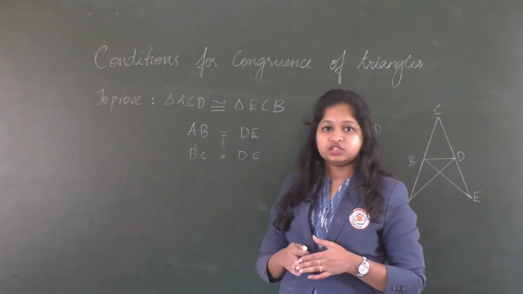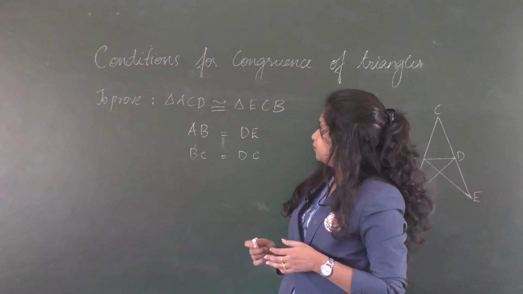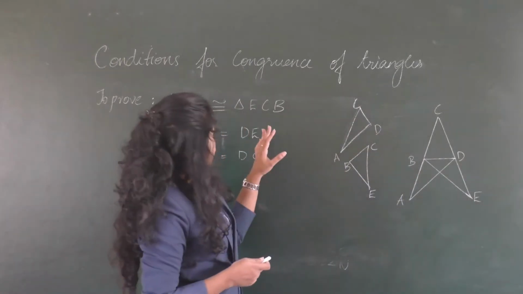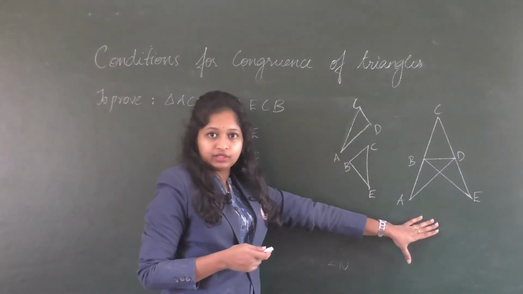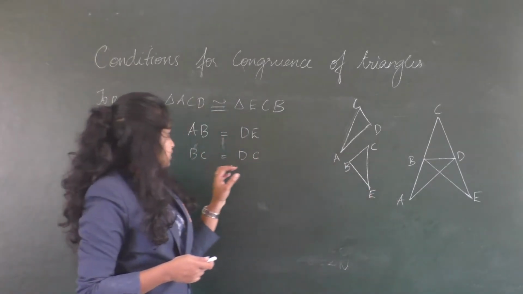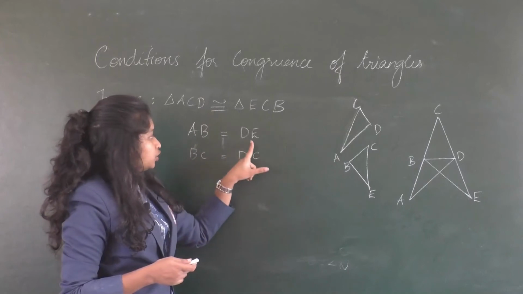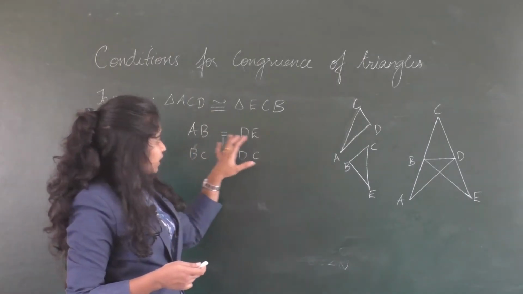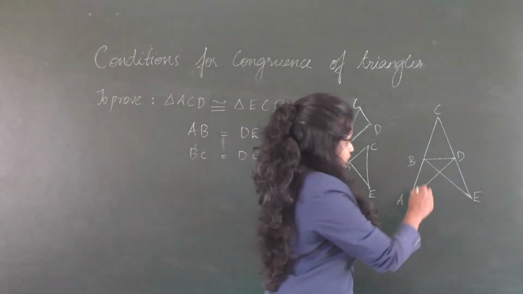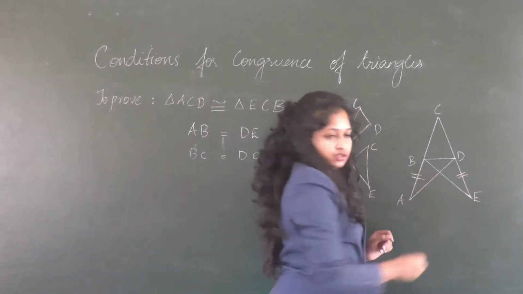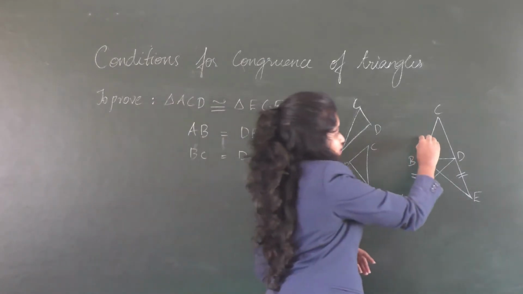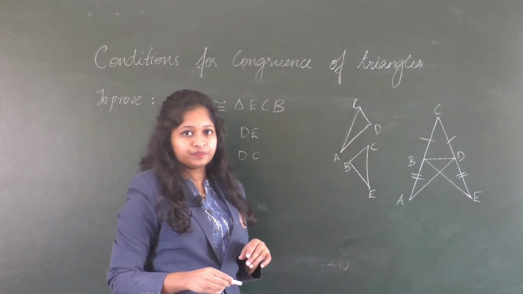Here I have a question from example number 4. We have to prove that triangle ACD is congruent to triangle ECB. In this figure, it's given that AB is equal to DE, and BC equal to DC.